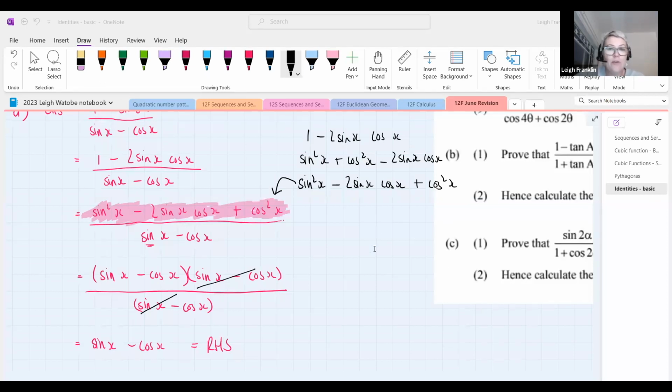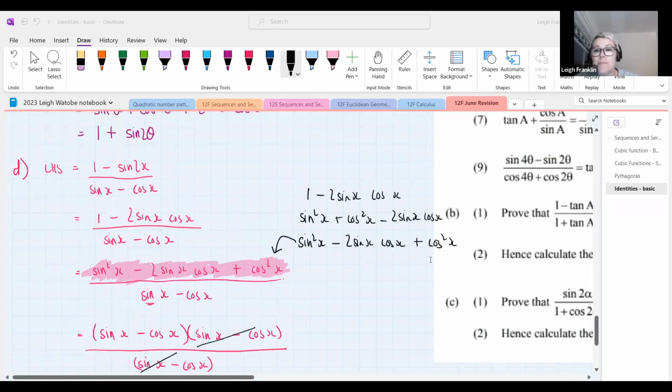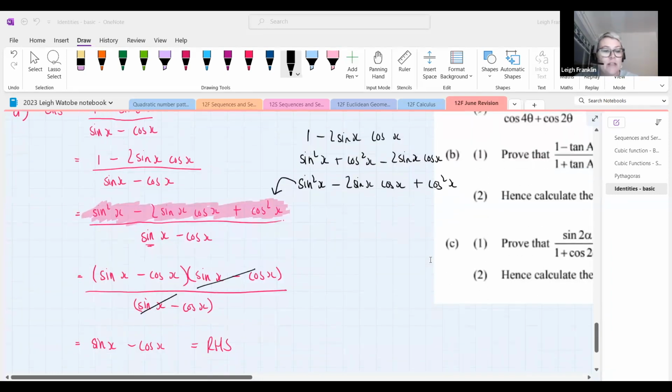Okay, so now that we are feeling a little bit more warmed up, shall we go on to something that is a bit more difficult? Don't forget to take screenshots. And let's go and have a look at something else that's a bit harder. Yes, okay, lovely.